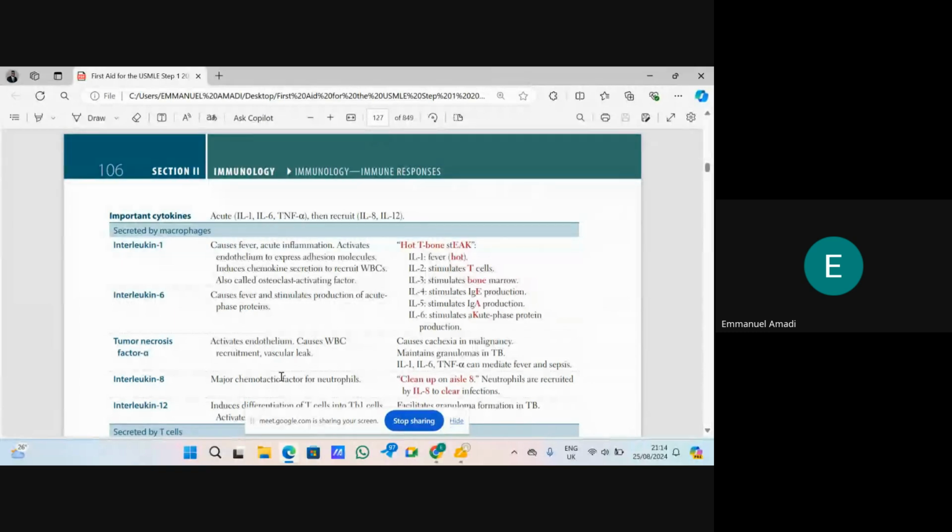Now, let me just use the normal human body as an example. You are a doctor, you have patients that come to your hospital with different diseases. You have a lot of medications you can use to bring about different biological responses in your patient. For example, if a patient comes with very high blood pressure, that is hypertensive emergency, you go to the pharmacy and pick up a medication like nitroprusside, labetalol, hydralazine, fenoldopam.